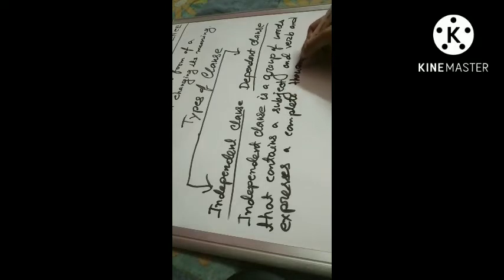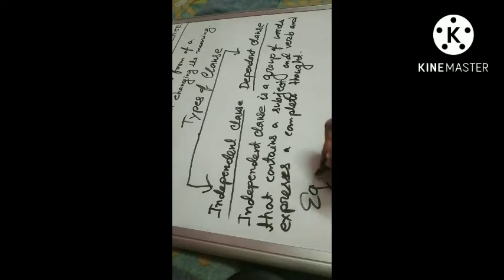Okay, so what is independent clause? I am repeating again. Independent clause is a group of words that contains a subject and a verb, and expresses a complete thought. Okay, and you have to remember, students, an independent clause is a sentence. An independent clause is a sentence.